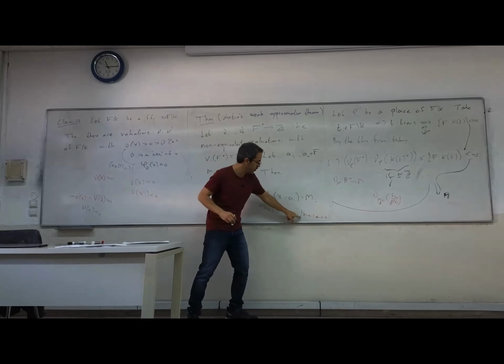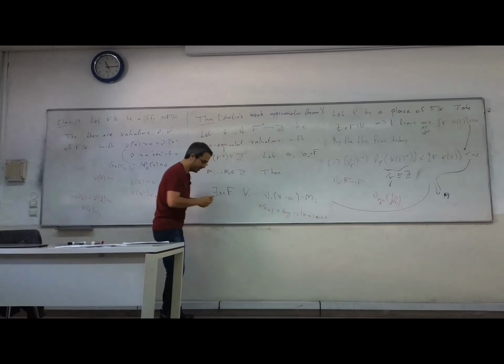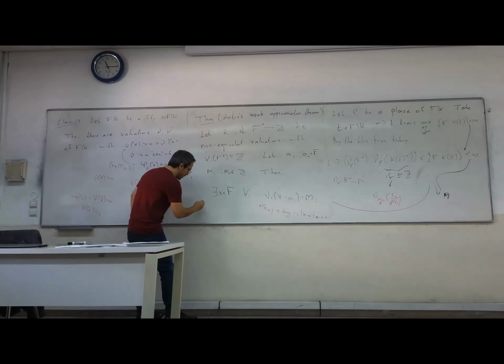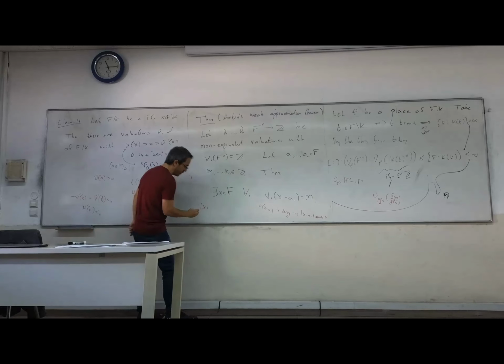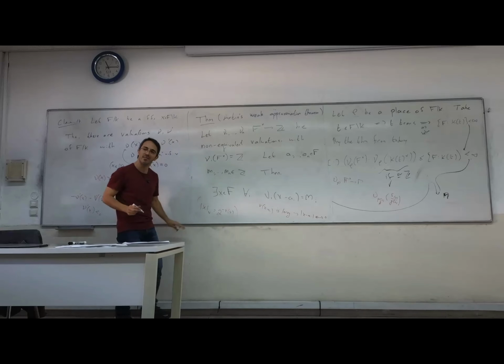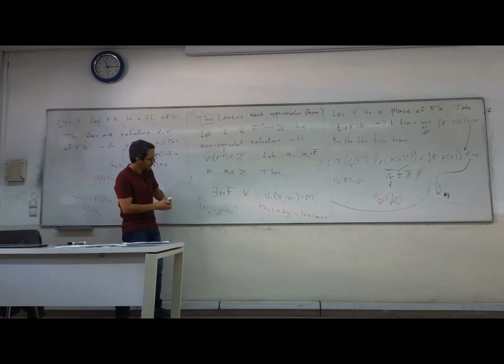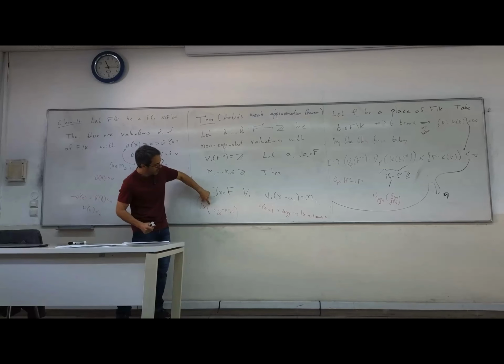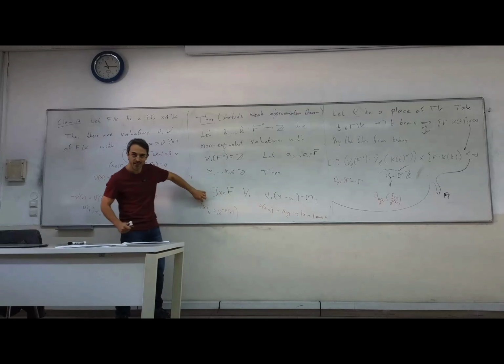The way to define an absolute value given a valuation, and then you can apply it to a difference, is just 2 to the minus the valuation of x. 2 is an arbitrary choice, but let's stick with that. It turns out that this defines an absolute value. The triangle inequality here translates to something that's even stronger, but definitely sufficient for the triangle inequality.